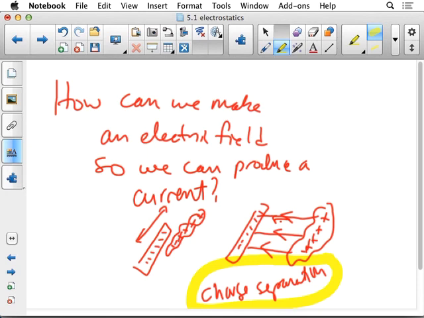Now that might seem rather obvious, and good if it is, but it is fundamental to every aspect of electricity and electrical circuits that involve flowing current. Somewhere, somebody had to separate charges to make this happen.